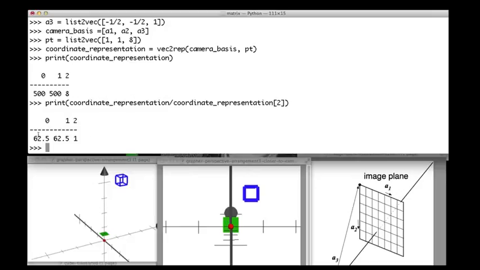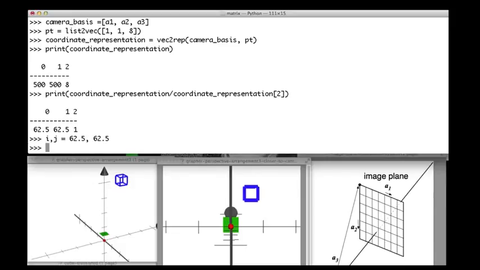And this gives us the location in the sensor array. So the pixel coordinates are 62.5, 62.5. Now we can plot this.